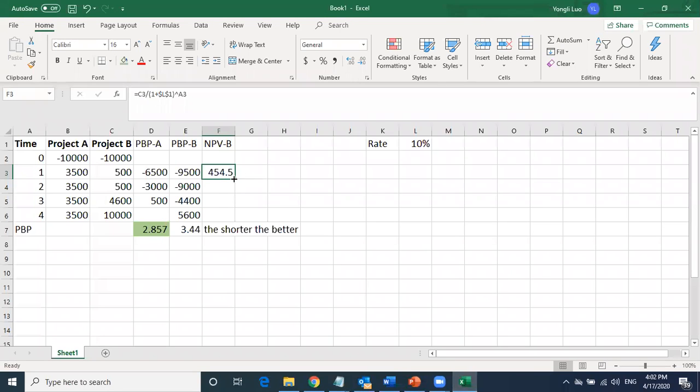For another 500, we can apply the same formula, and we can see that this is your net present value. That 500, if 2 years later, is worth even less. It's $413. That 4,600, 3 years later, is equivalent to $3,456 at present.